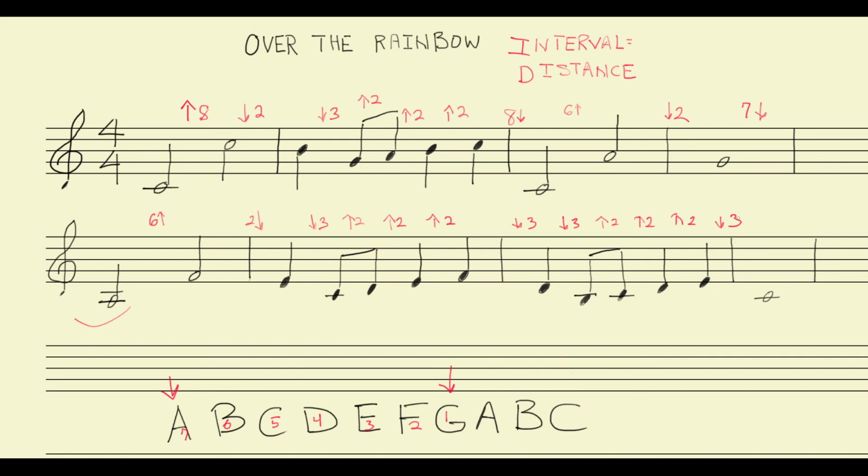But notice this gives us a really precise map of the shape of the melody. In a certain way, the intervals and the direction of those intervals of a melody are really the DNA of the melody.